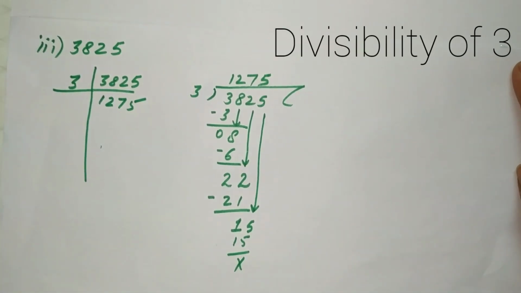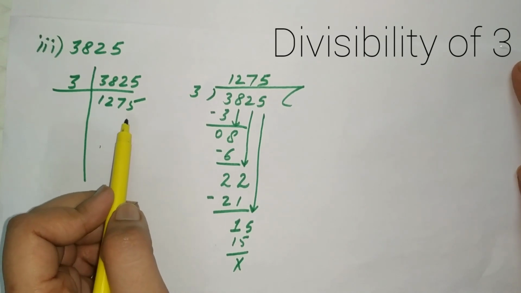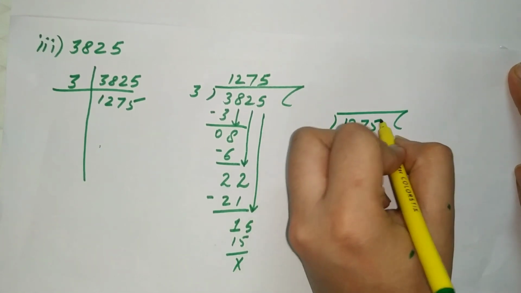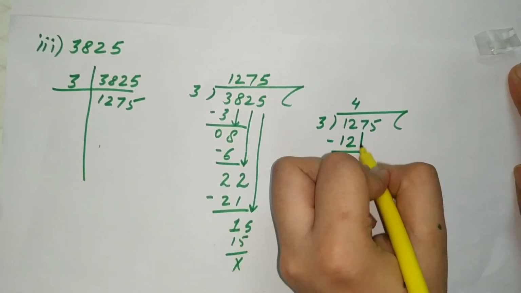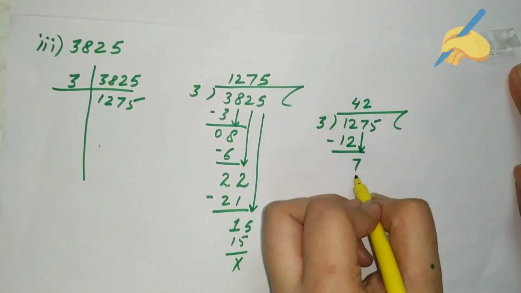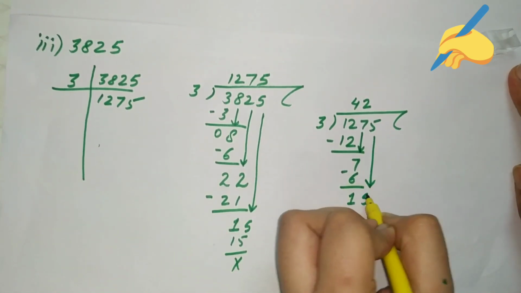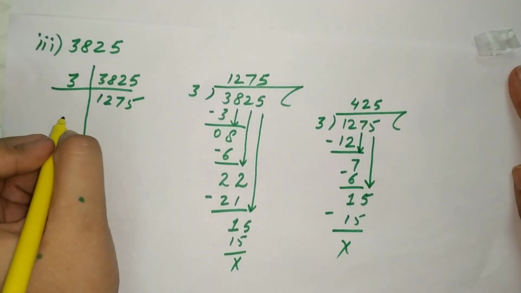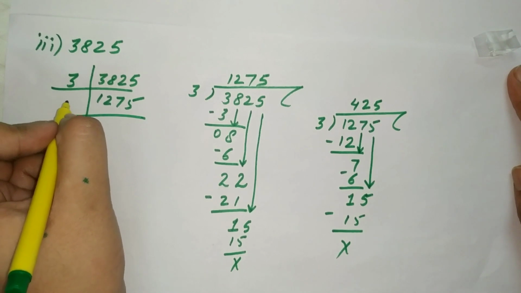Again, we'll add the digits of 1275. 1 plus 2 is 3. 3 plus 7 is 10. 10 plus 5 is 15, which is divisible by 3. And now 3 fives are 15. So 1275 divided by 3 is equal to 425.